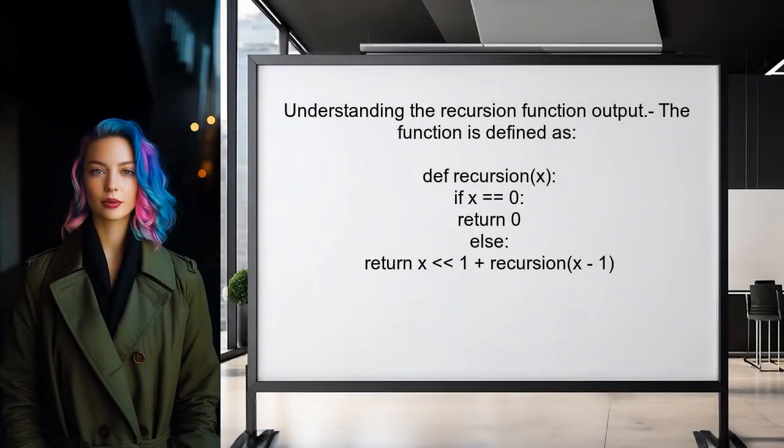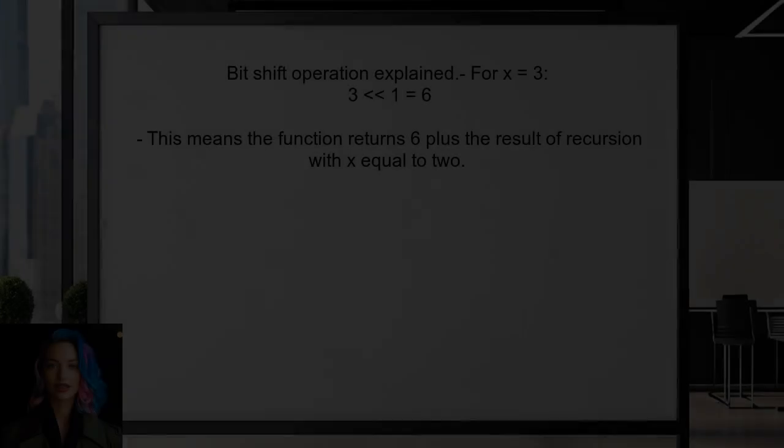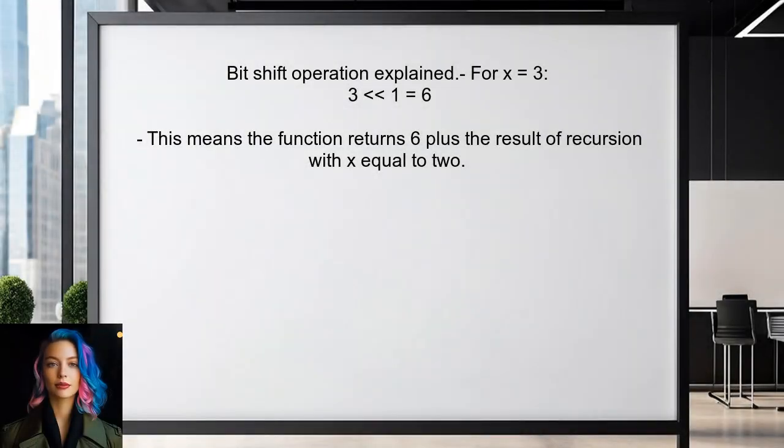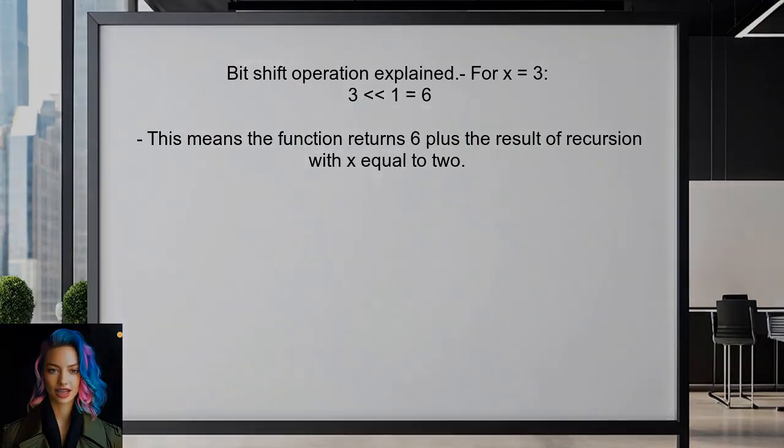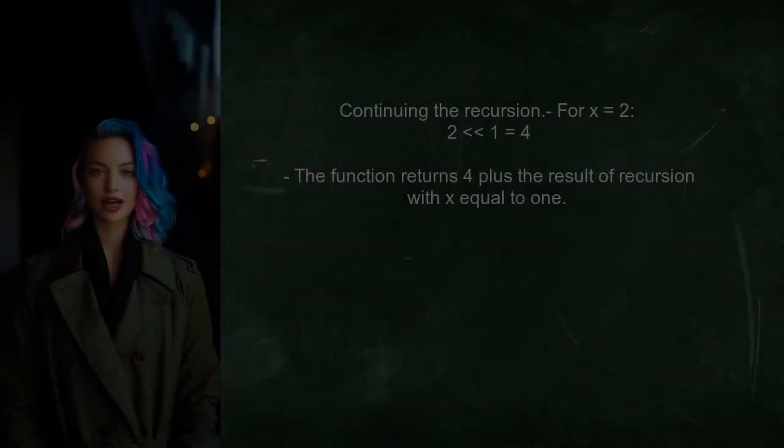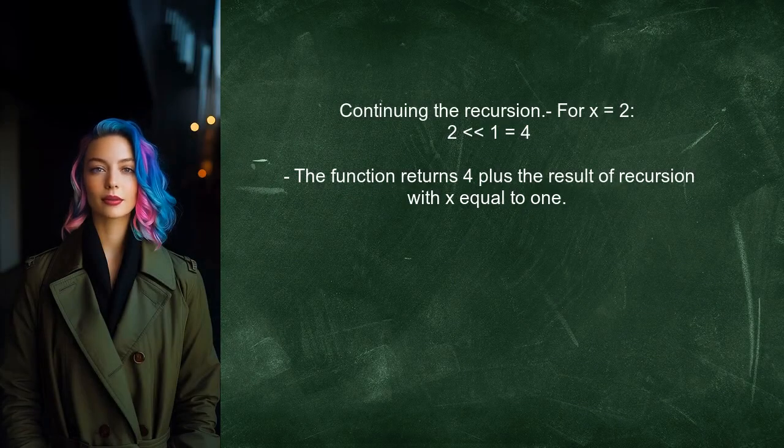To understand why the output of the recursion function is not what the user expected, let's first break down the function step by step. When the user calls the function with the value 3, the function performs a bit shift operation on 3, which is equivalent to multiplying it by 2. Next, the function calls itself with the value 2.